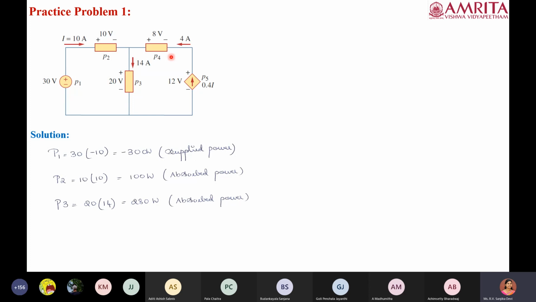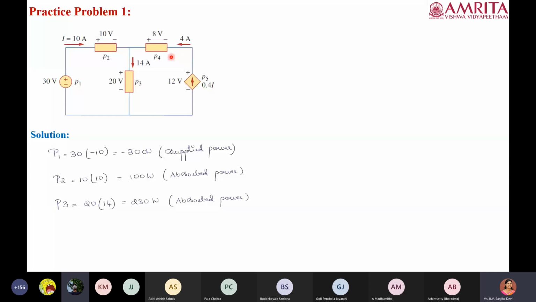Divide your notebook into two, and do the practice problems separately, so that whenever we discuss the solution in the class, I will call random students, and they should be able to give the answer. Even if it is wrong, it is fine, but when I'm calling, you should give the answer, not keep silent. So please do the practice problem at home. Hardly we will give you one or two practice problems in a class, so that will not take much time, and this will definitely give you practice.